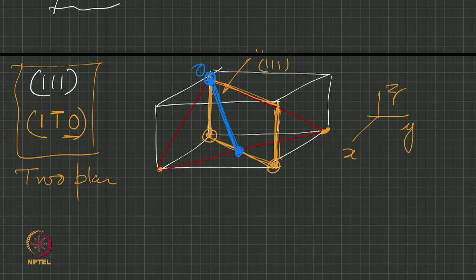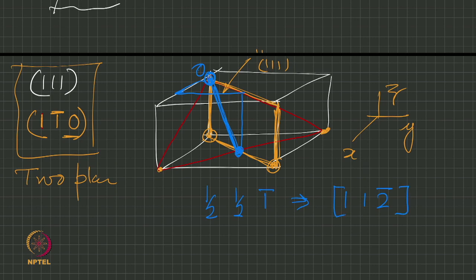We index it as half along x, half along y and minus 1 along z, which by multiplying by 2 gives the direction 1 1 2 bar.